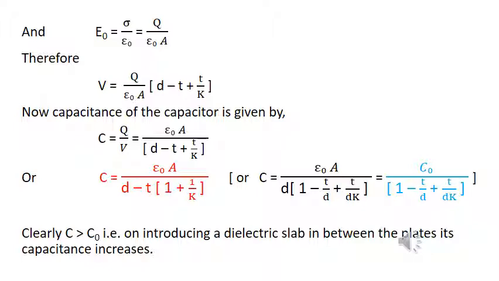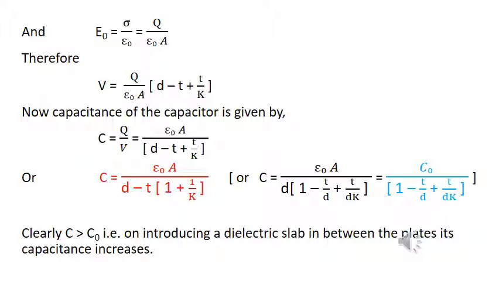Now the capacitance of the capacitor is given by C is equal to Q by V. By putting the value of V from the above expression, we get the final value of capacitance: C is equal to epsilon naught A by (d minus t into (1 minus 1 by K)).